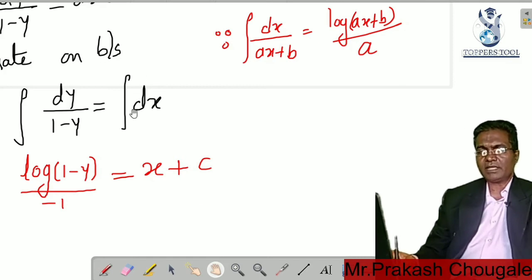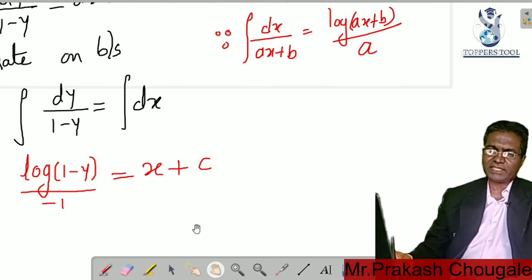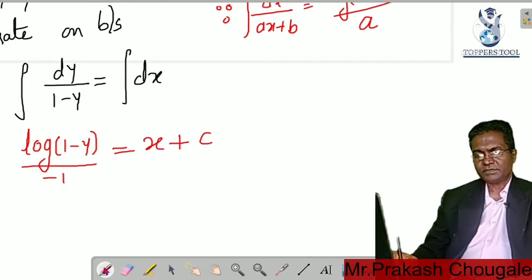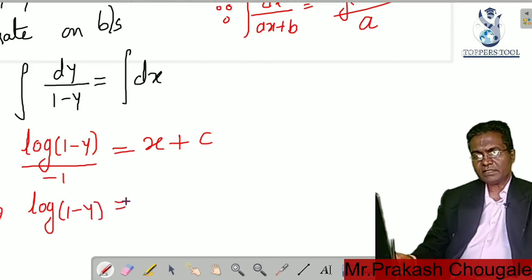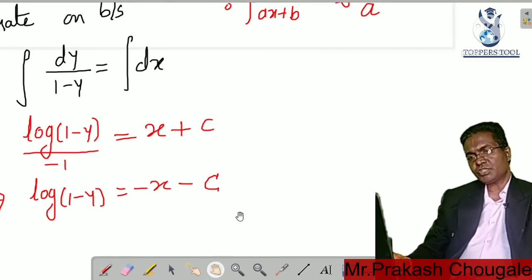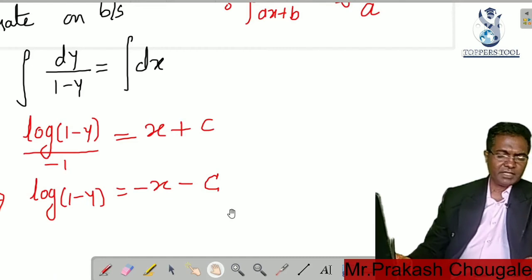You remember, integration of dx or integration of 1 dx is always x. You may write it as, either you can bring x to this side or transfer it to that side, it doesn't matter, according to your convenience. I can write log of 1 minus y equals minus x. You may write, if you want, plus or minus c. This is the general solution of the given differential equation.